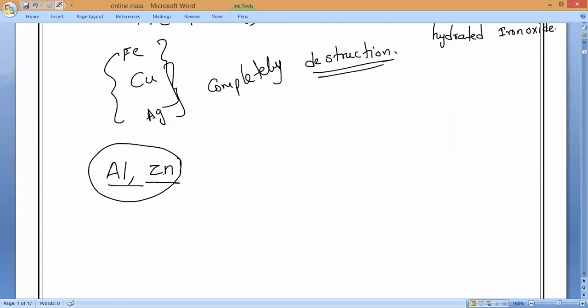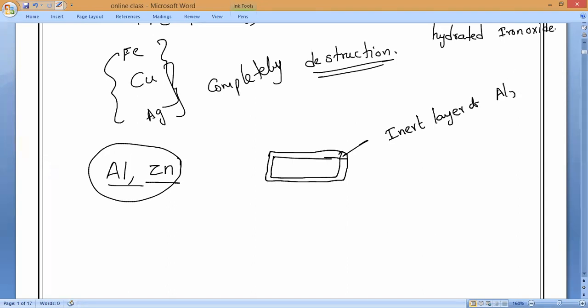Why? These metals also get corroded, but only the upper layer of aluminum and zinc gets corroded. Later they form an unreactive oxide, an inert layer or protective layer of oxide. Inert means it will not react further. So an inert layer of aluminum oxide or zinc oxide will form.